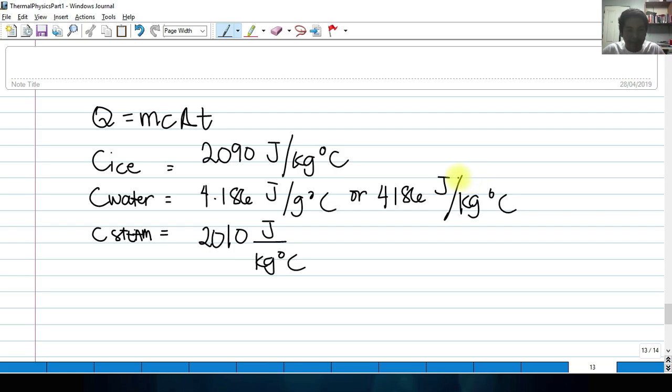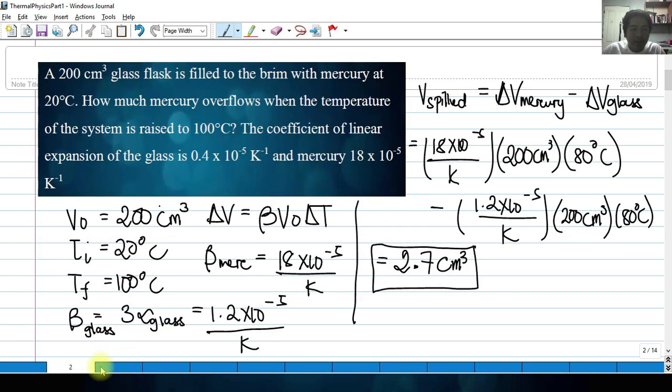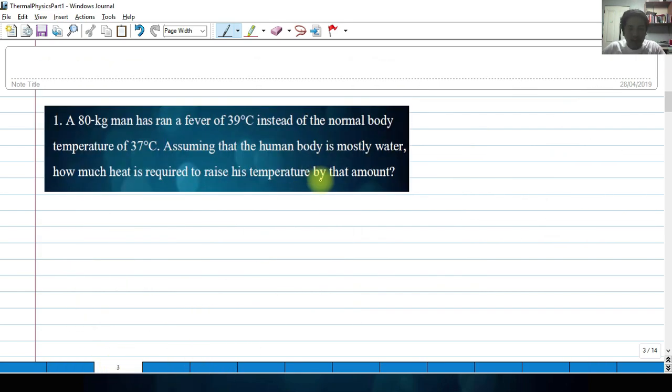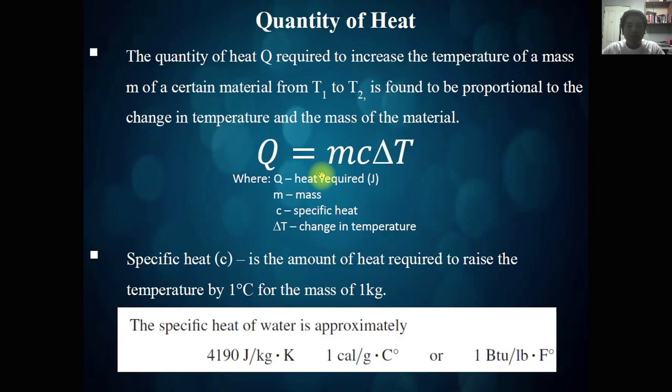That is basically the same, because the change in temperature in Celsius is the same as the change in temperature in Kelvin. So these are the important specific heats that we need to know, at least for water. Okay, let's go back to our lecture.